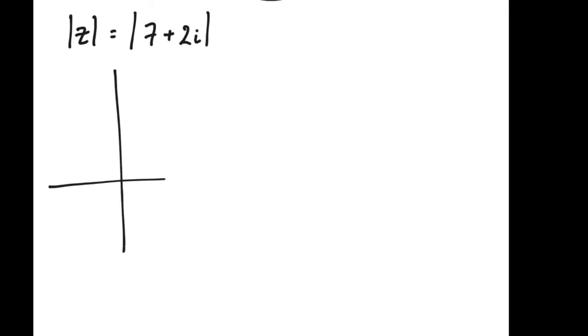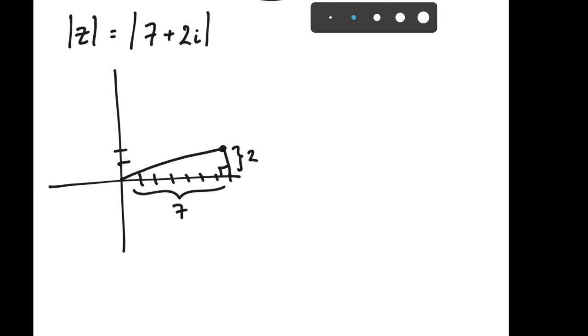So let's try one, and we don't need to graph, but I'm just going to sketch a graph. So the absolute value of z of 7 plus 2i. If I sketch my graph, my point would be about there. And again, finding my distance, if I create my right triangle, this would be 2, this would be 7.